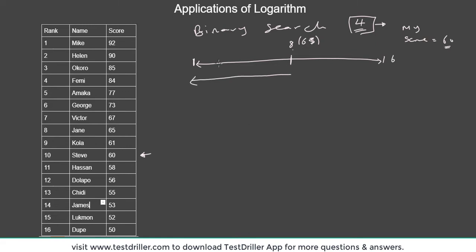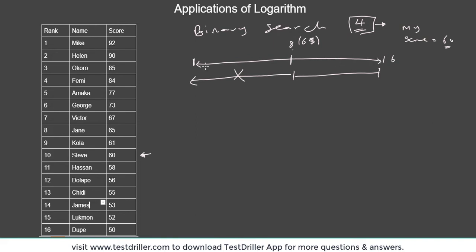So you should eliminate this zone rather. Your score should be within this range because when you move down the rank, your score drops.